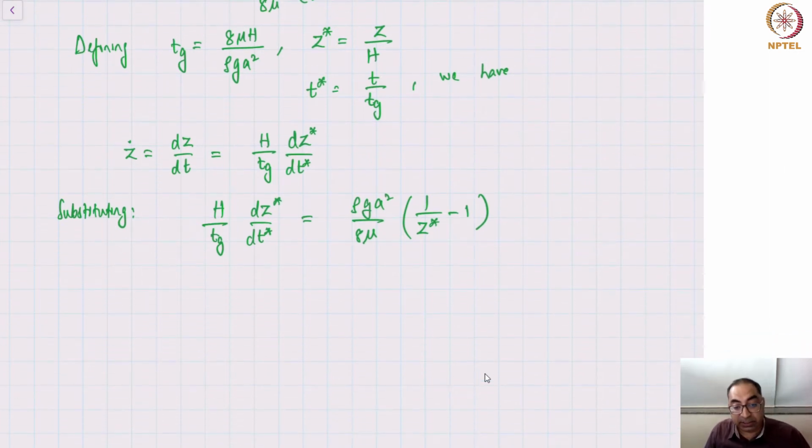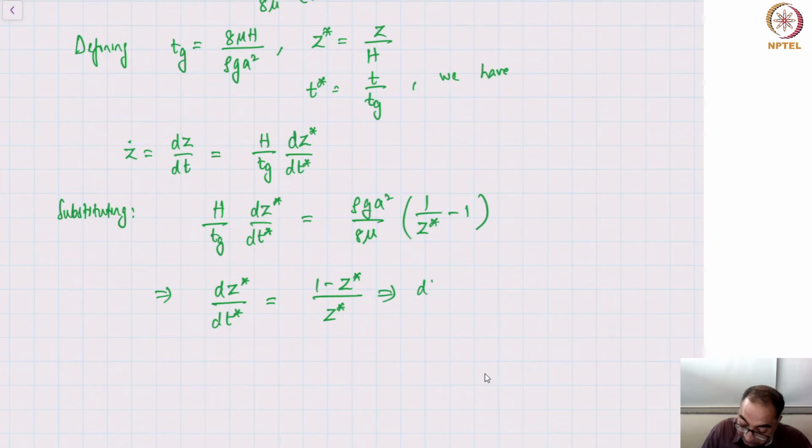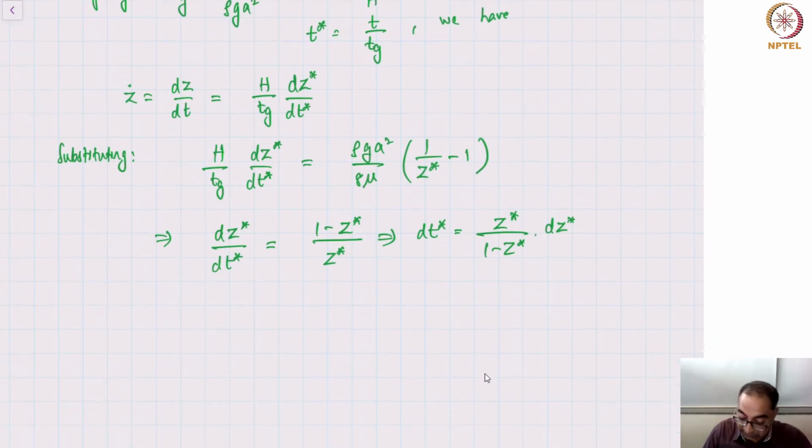Now we can substitute the expressions for h and the t g that we just defined, and we get dz star by dt star will be 1 minus z star by z star, and this gives me dt star will be z star by 1 minus z star of dz star.